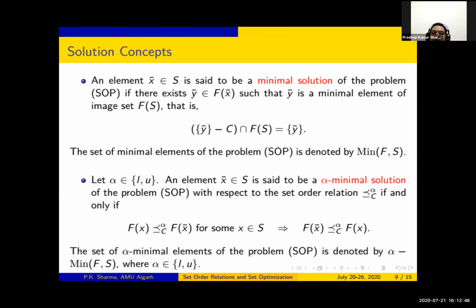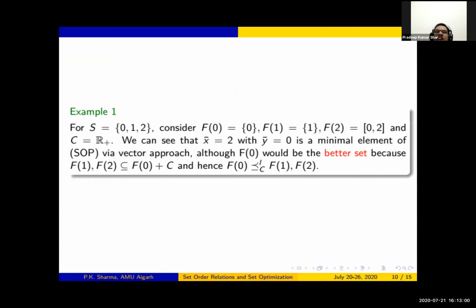So here we can see that we are comparing images not based on any particular element of the image set of x and x bar. Consider a simple example to see the difference in both of the definitions.